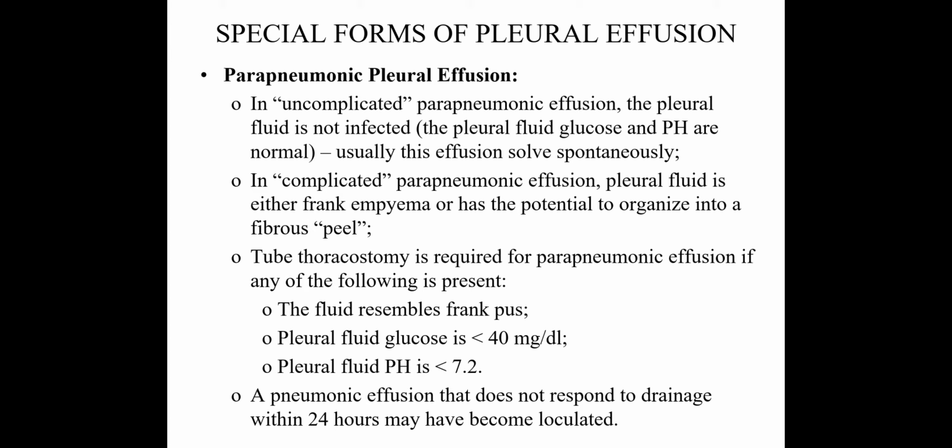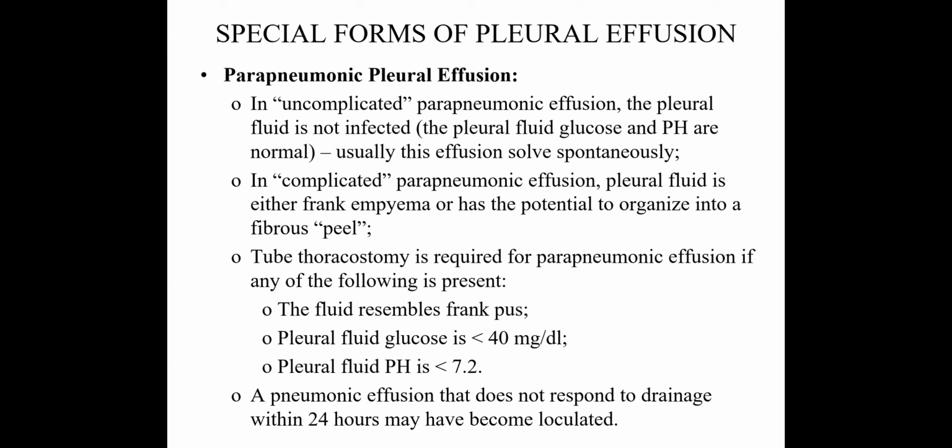Parapneumonic pleural effusion: any patient with pneumonia which is not treated well becomes complicated. The patient develops parapneumonic effusion, and this effusion may become infected and become empyema. So the treatment of pneumonia is important to prevent such a complication.